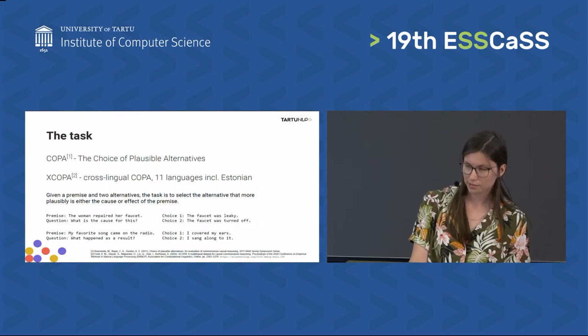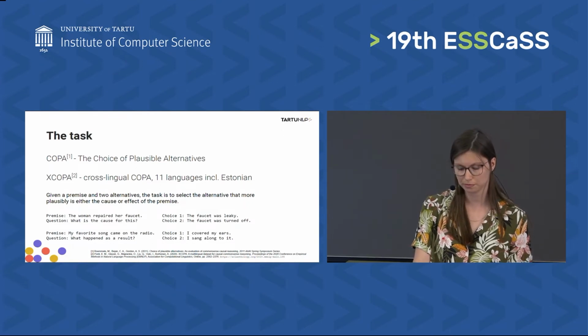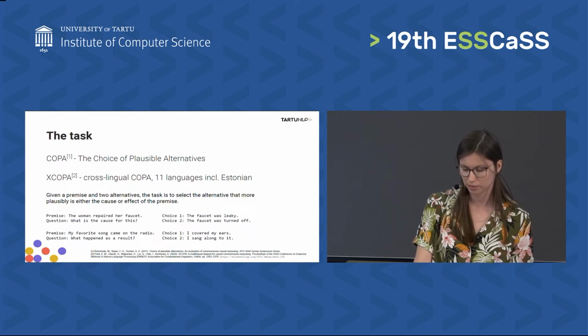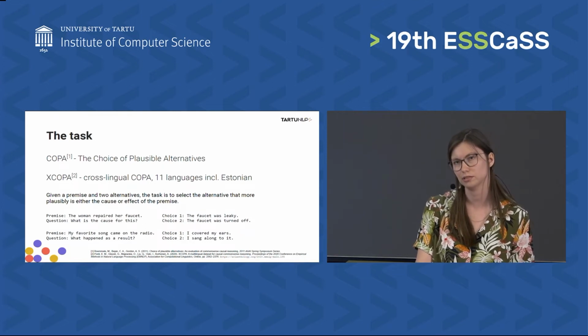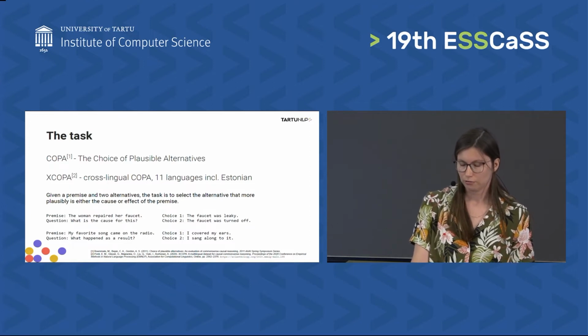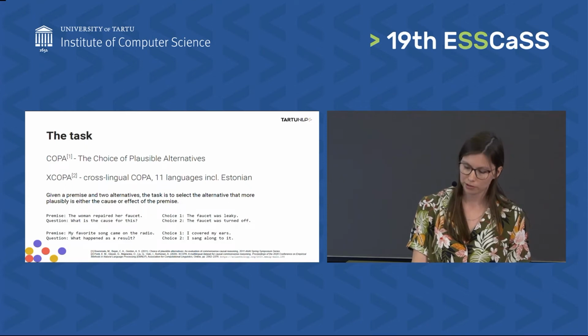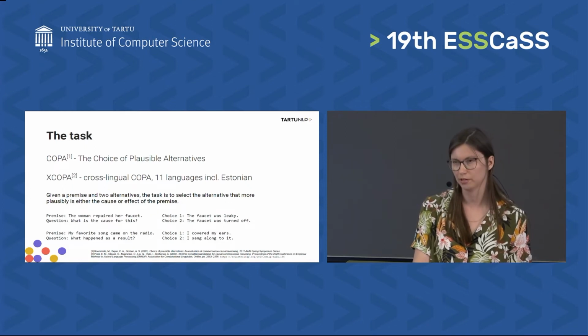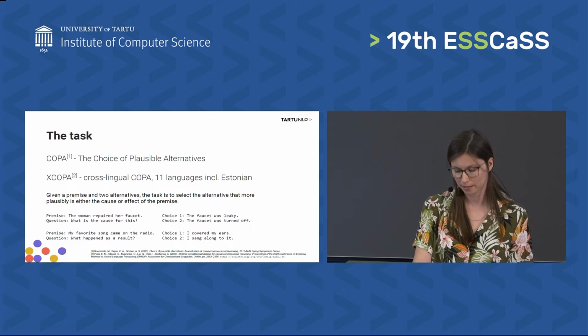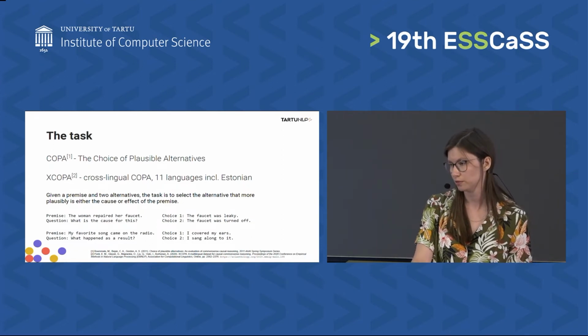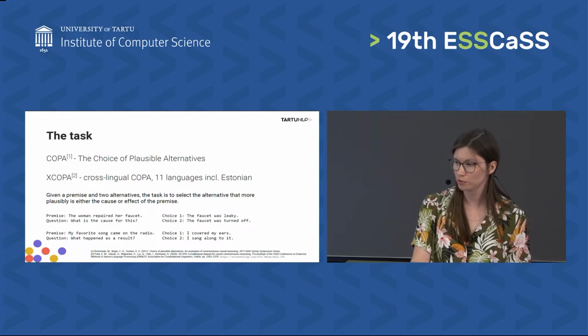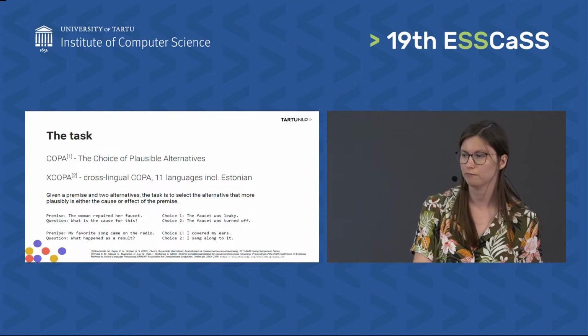The original dataset is in English, of course, but there exists a cross-lingual version of it that contains professionally translated development and test datasets for 11 languages, somewhat surprisingly, including Estonian. The task itself is, given a premise and two alternatives, to select the alternative that more plausibly is either the cause or effect of the premise.